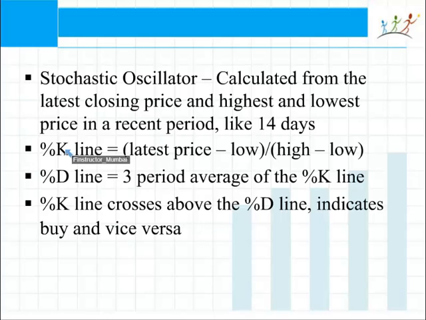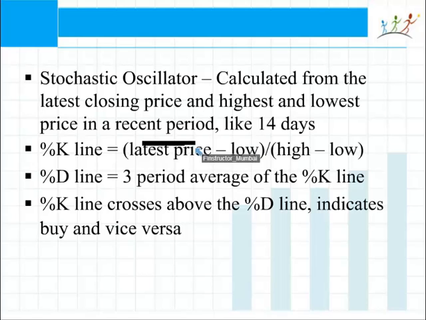So percentage K line is the current price or the latest price minus the historical low upon high minus low. So every day I will compute this. Every day I compute the latest price minus the low upon the high minus low. This value will be less than 1.